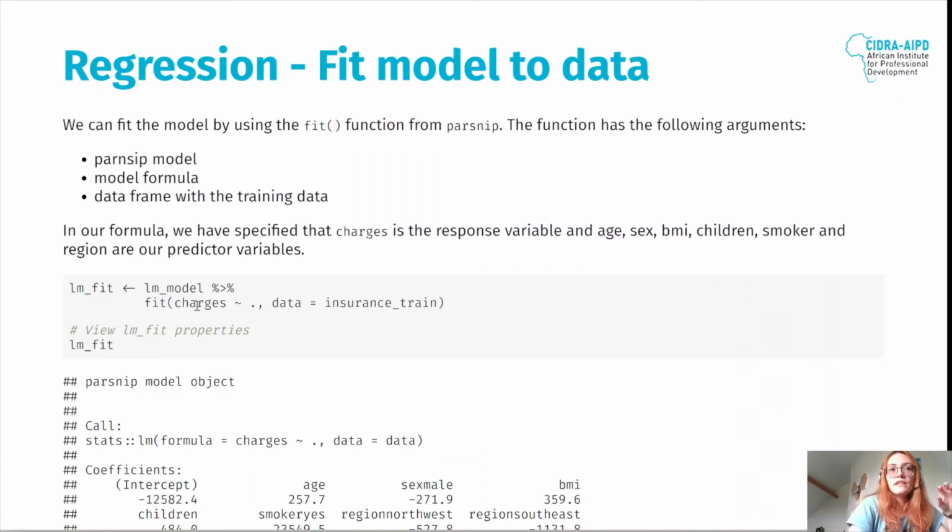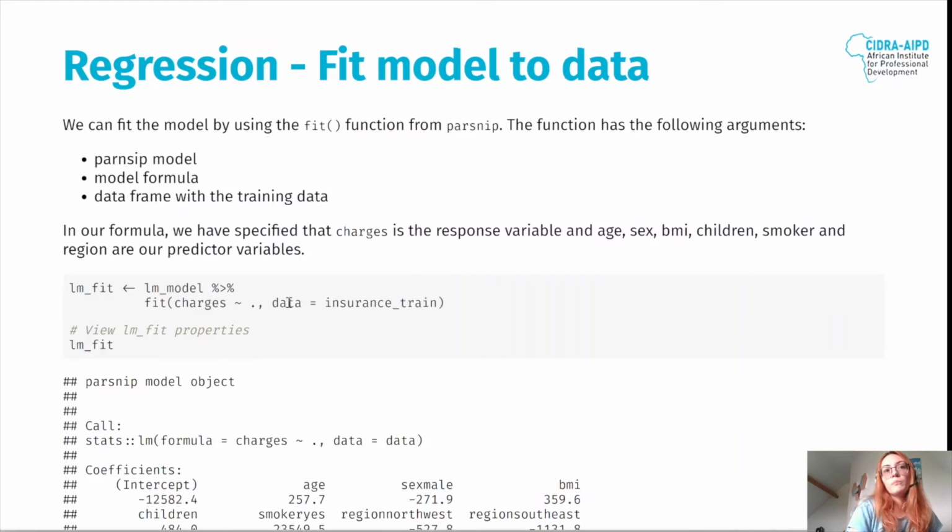So we're saying here that the Y is charges and the X variables are going to be all the other variables. That's why we use the dot. That dot then is representing age, sex, BMI, children, smoker, and region as the predictor variables.